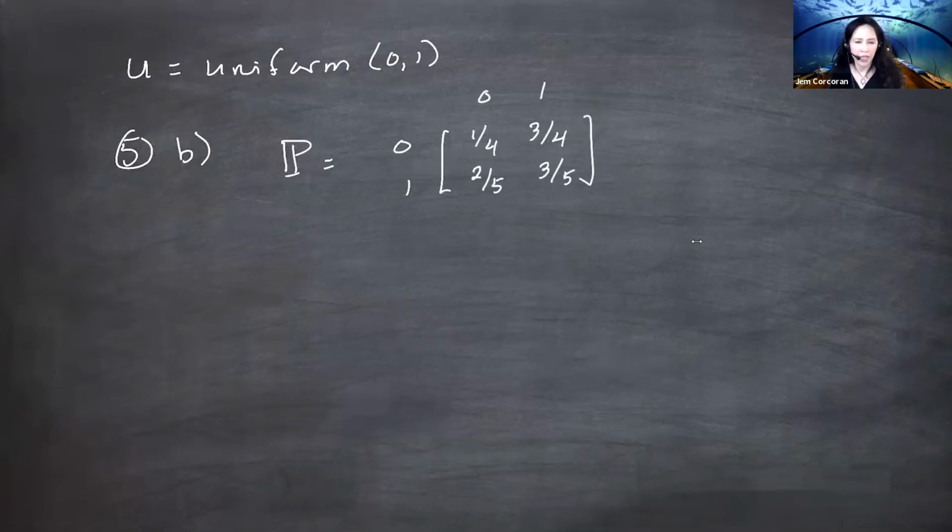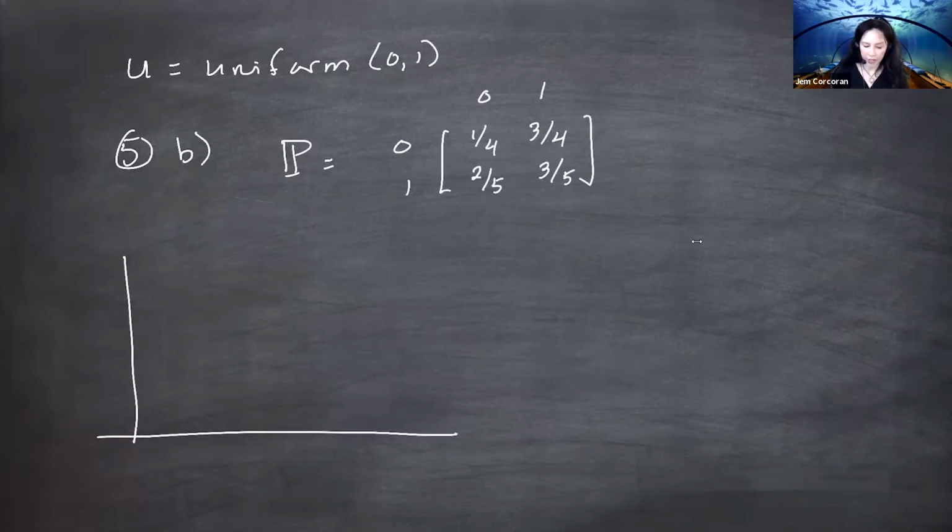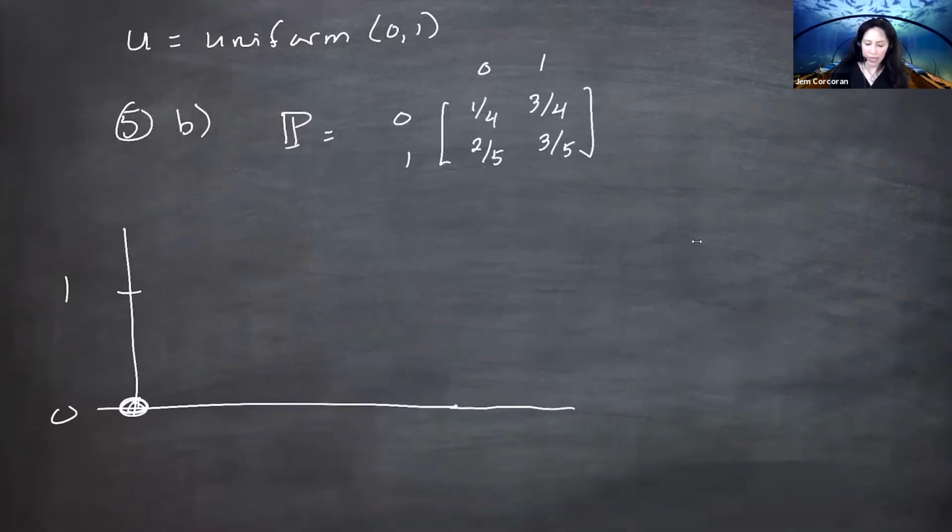And in part B, we want to simulate many sample paths of this chain starting from state 0 forward for a long time. So you don't have to graph this, but let's envision 0 and 1. We're going to start here every single run of this chain. Then you look at time step 1, time step 2, time step 3.